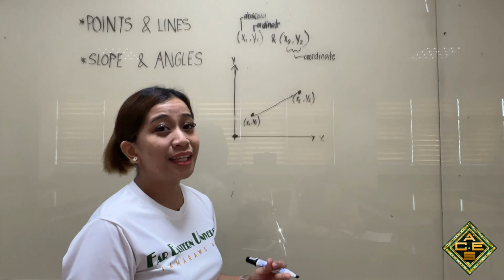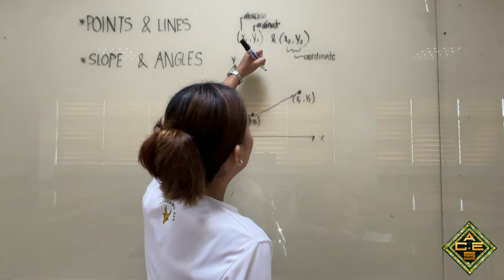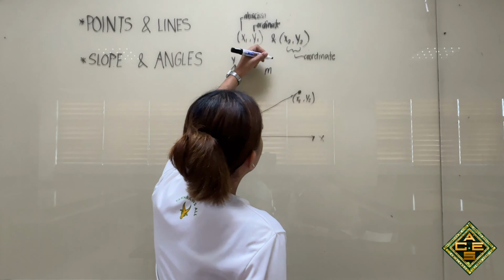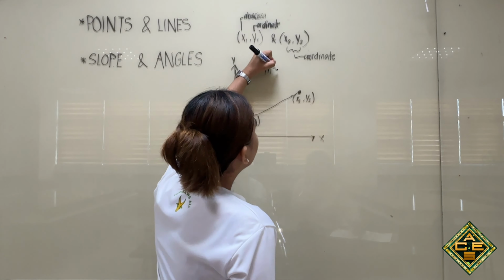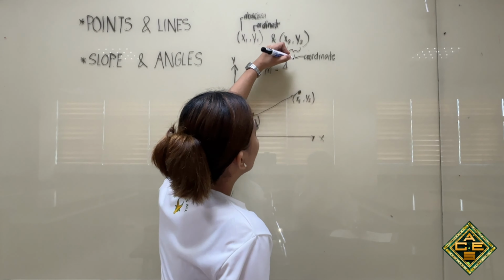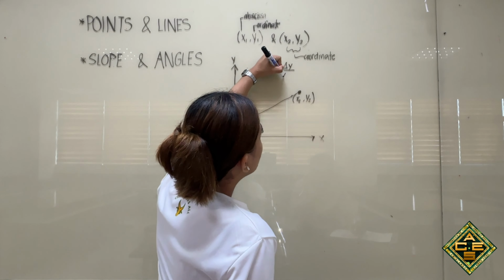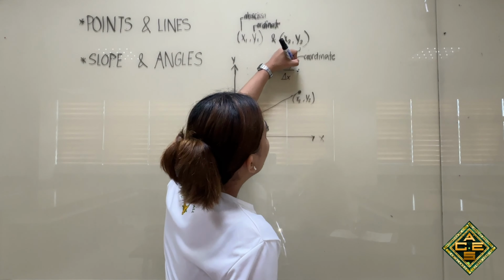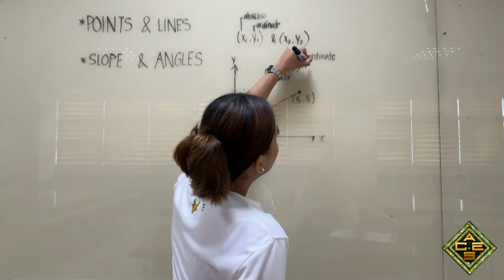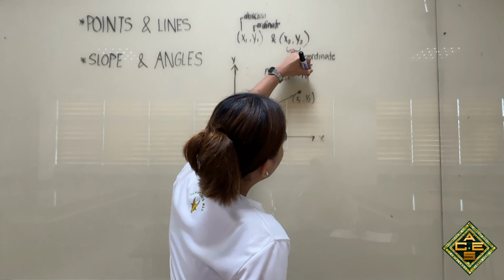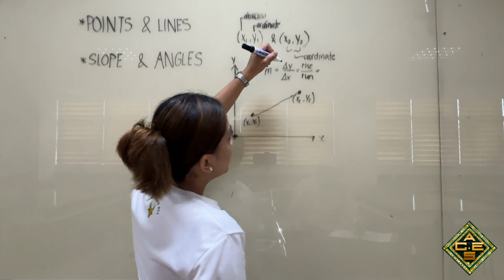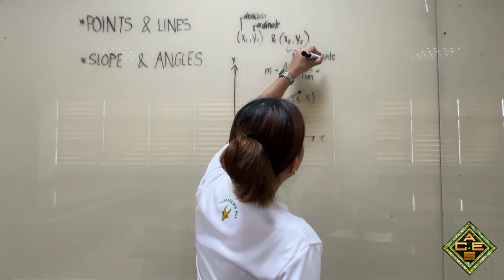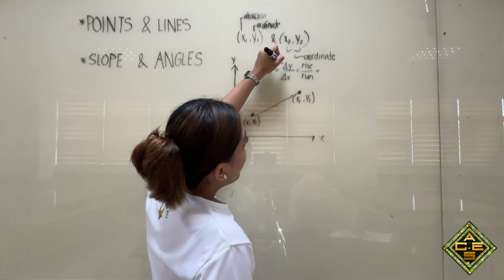So, paano nga ba natin dinedefine ang slope? Slope is represented by the variable m, wherein it is the change in y over the change in x, or what we also call rise over run. So, paano ba natin ito sinusolve? We simply divide the change in y and change in x.